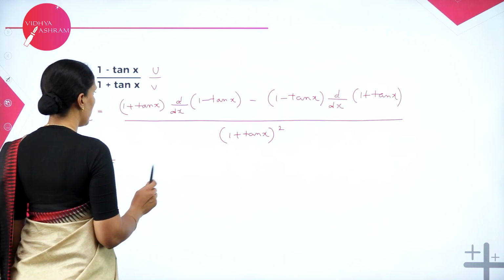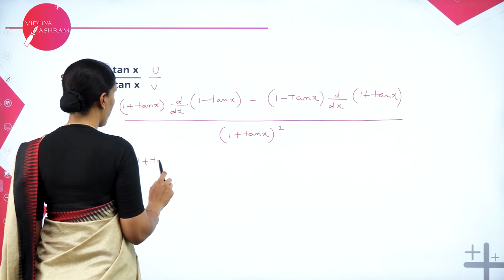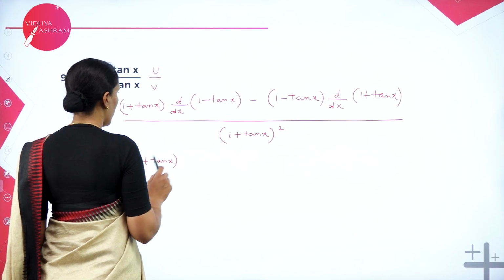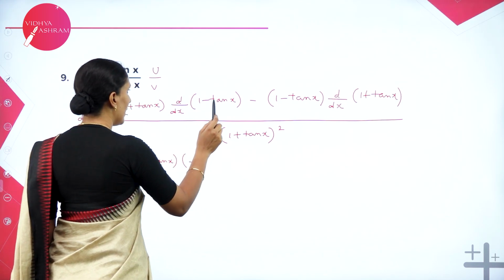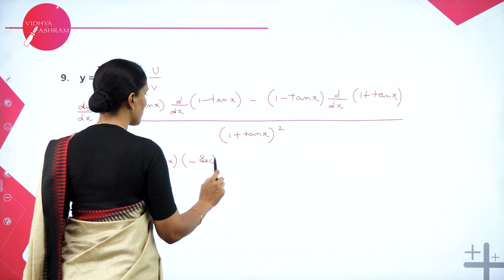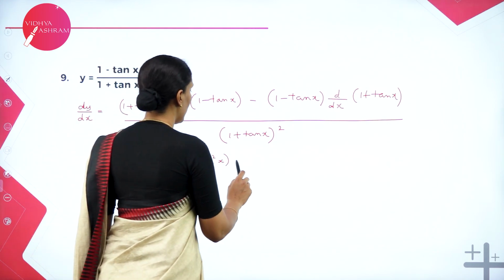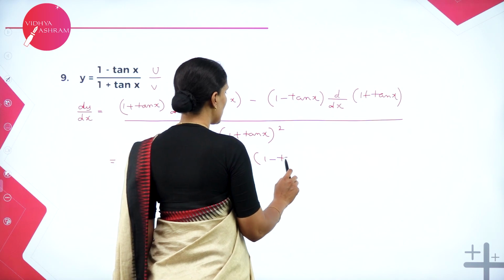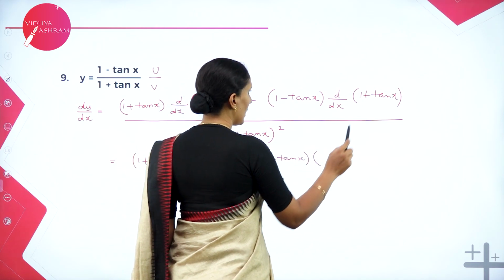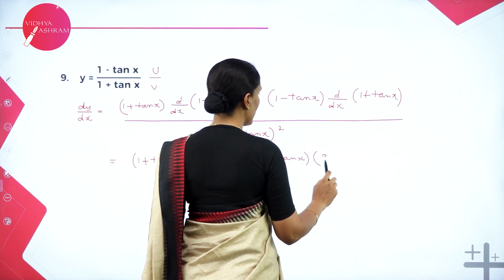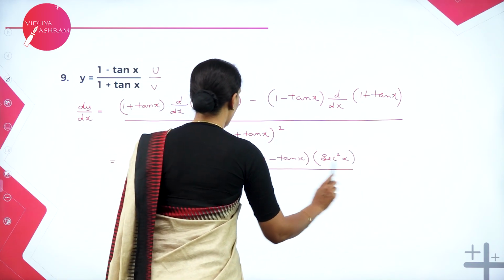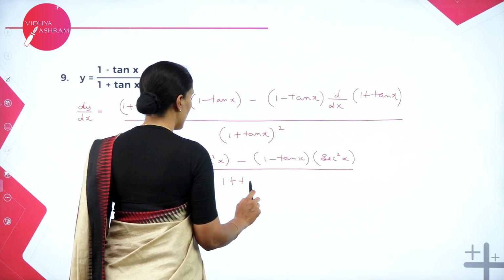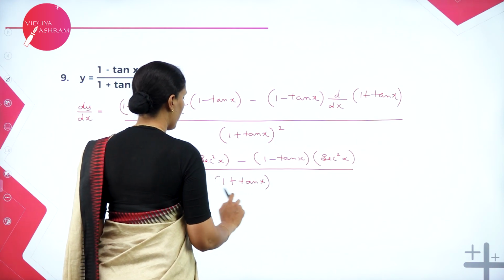So this is again 1 plus tan x into the derivative of 1 is 0, minus the derivative of tan, which is secant square x. Next we have 1 minus tan x, again the derivative of 1 is 0, tan is secant square x, whole divided by 1 plus tan x whole square.